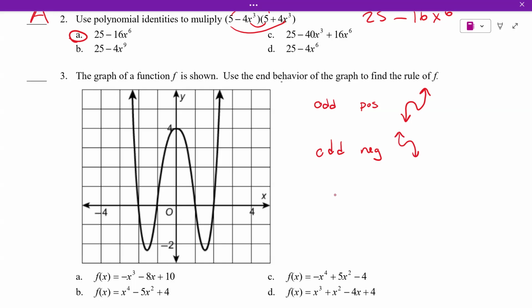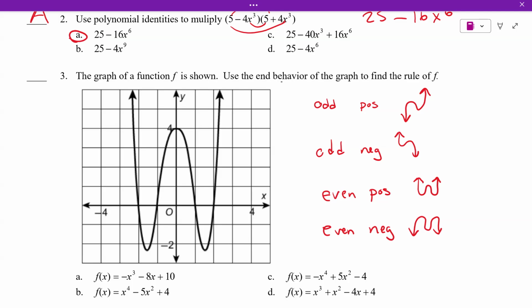If the highest power is even and its coefficient is positive, then it'll make a W. If the highest power is even and its coefficient is negative, it'll make an M. So something to remember: if it is odd, they start and end in opposite places. If it's even, they start and end in the same place.